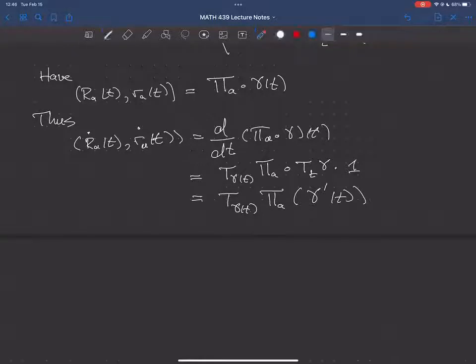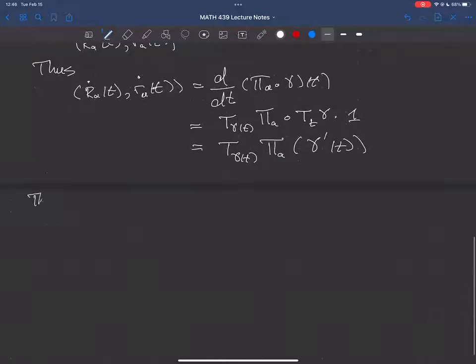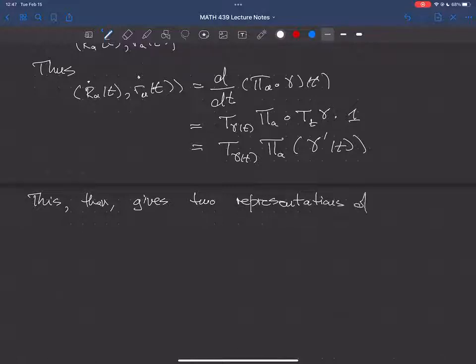All right, so this then gives two representations of gamma prime. Okay, and when I say two, I mean two: one body and one spatial.